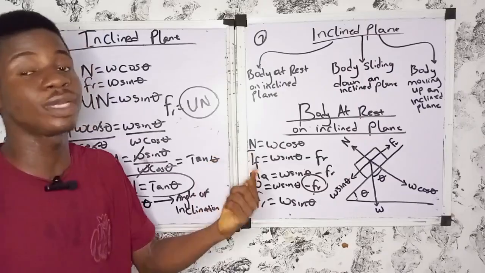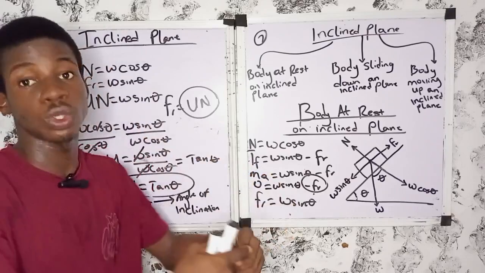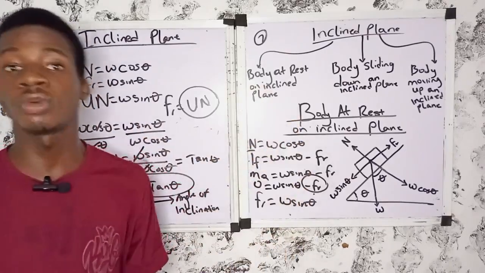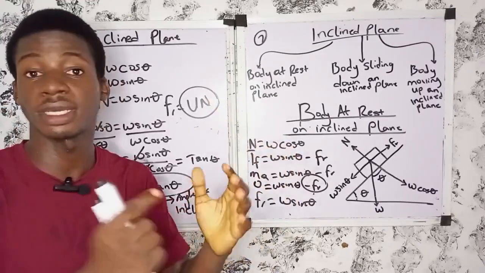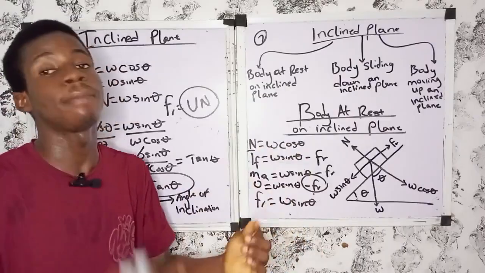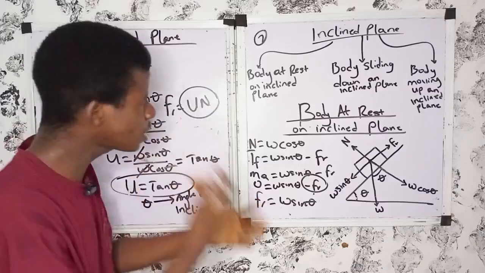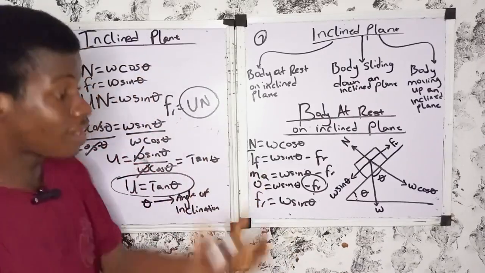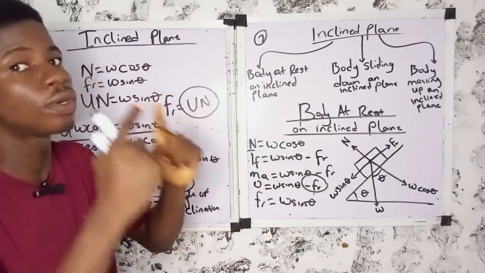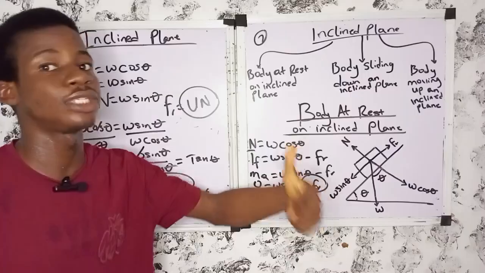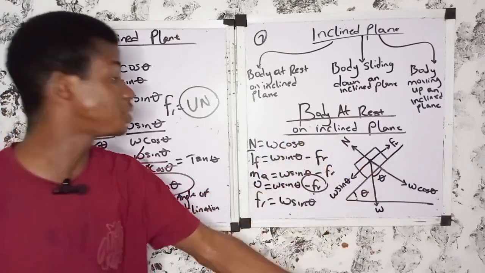Both of them increase until we get to a particular value where the frictional force cannot increase any further. That value is known as maximum static friction. When you further increase the pull force, the body will start to slide, and during sliding, the friction acting on the body is known as dynamic friction.